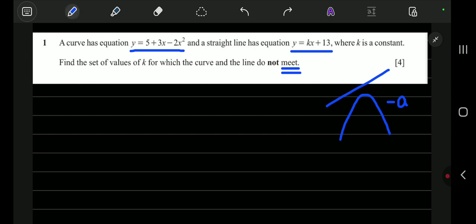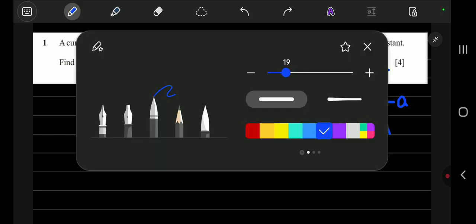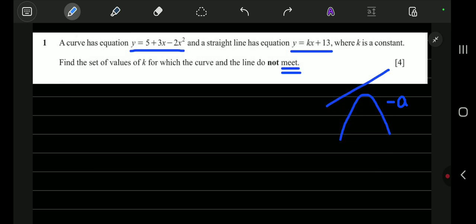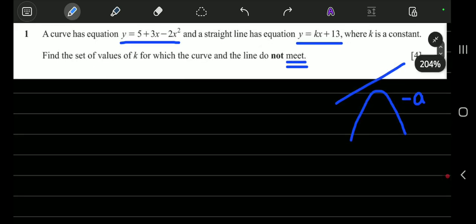So whenever we have to discuss the point of intersection, what we do is we equate the two equations to have an equation, so that we can apply the discriminant on that equation to get the points of intersection or no point of intersection.